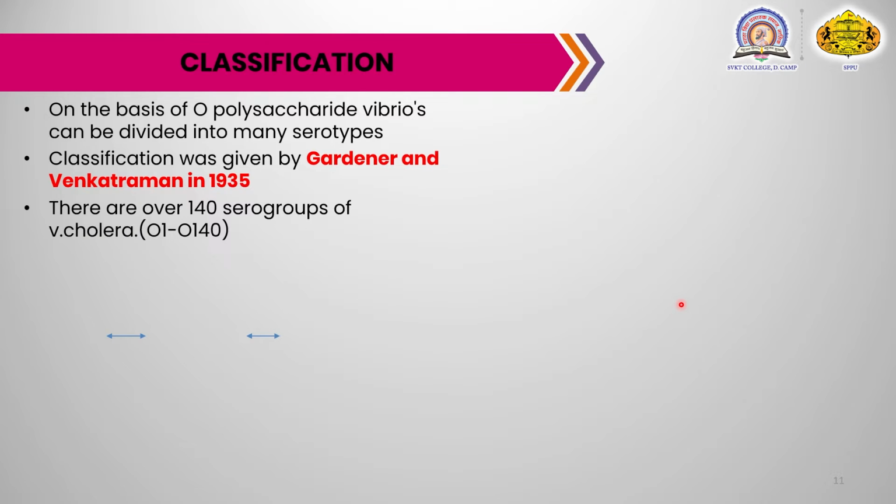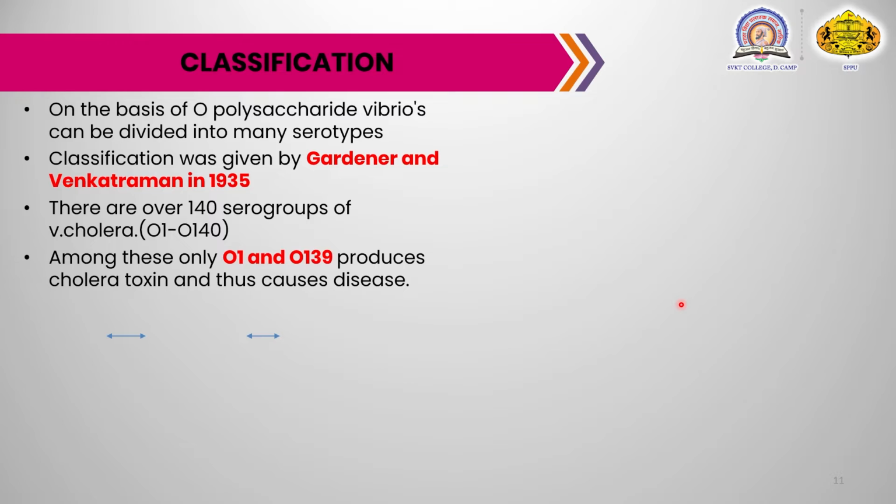In this classification, over 140 different serogroups of Vibrio were found, and they were designated as O1 to O140. All of these morphologically possess the same characteristics as Vibrio, but only the O1 and O139 serogroups are associated with the production of toxin.